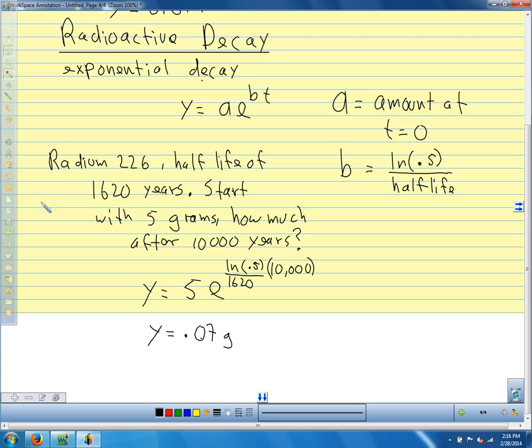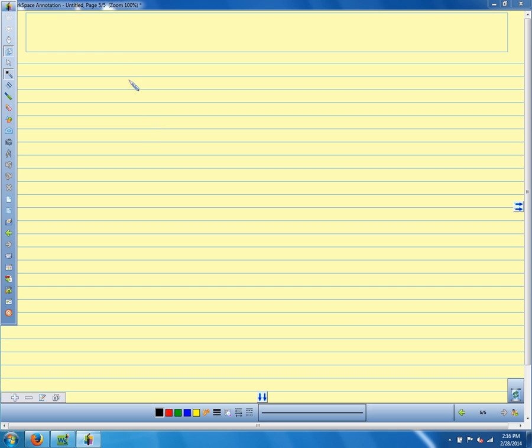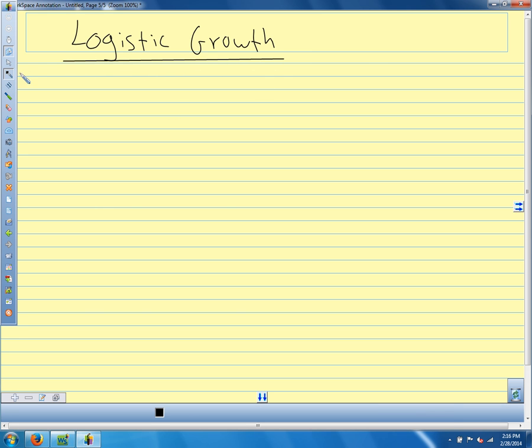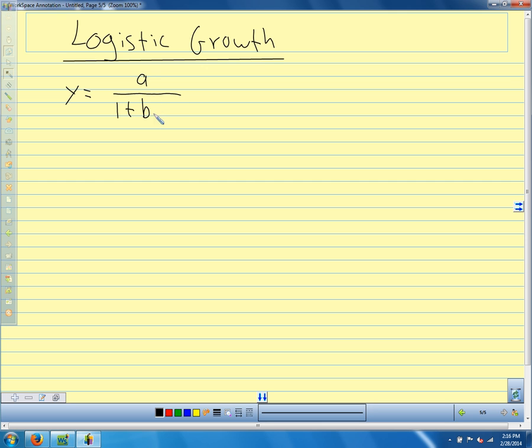All right, last type of exponential growth, logistic growth. Logistic growth is an exponential growth model, and logistic growth is always going to have a function that looks like y equals a over 1 plus b e to the minus r x.